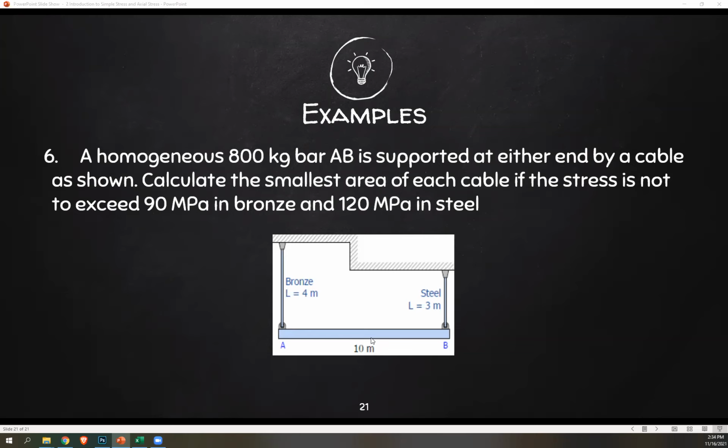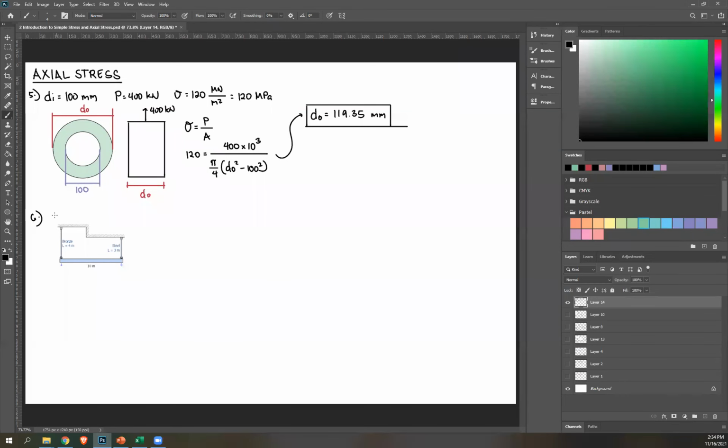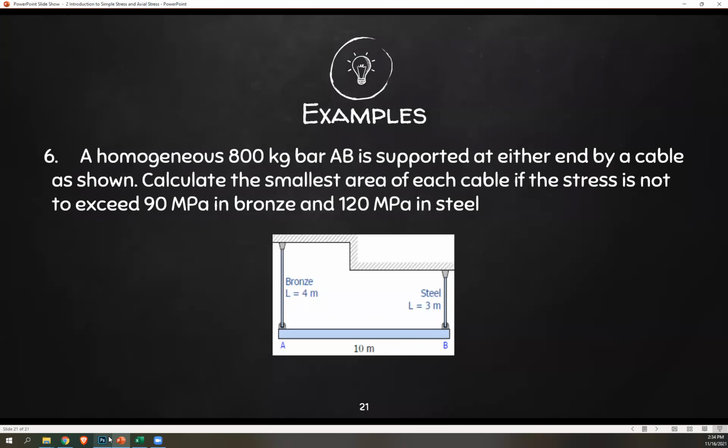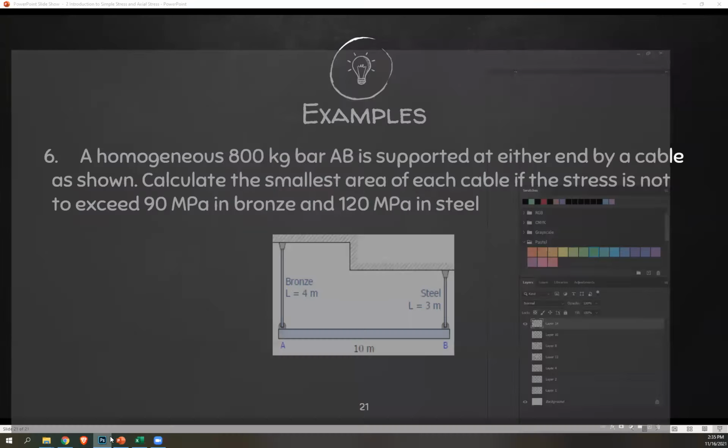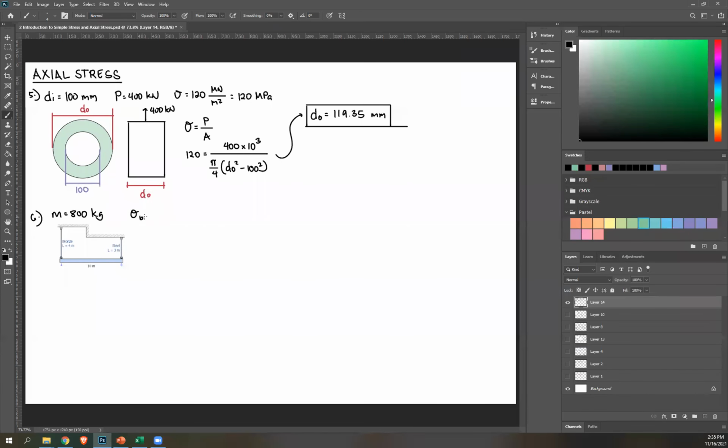And now let's try to write our given. So mass of your bar, 800 kilogram. Then stress in bronze, 90, in steel, 120. Okay.